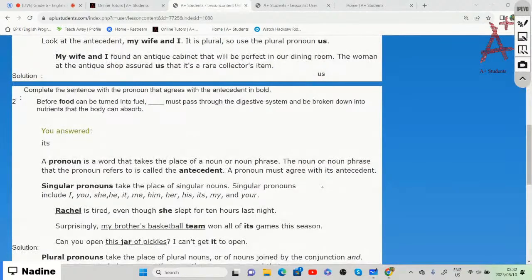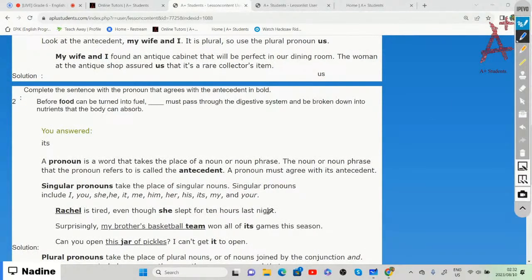So it is going to go in here. So before food can be turned into fuel, it must pass through the digestive system and be broken down into nutrients that the body can absorb.